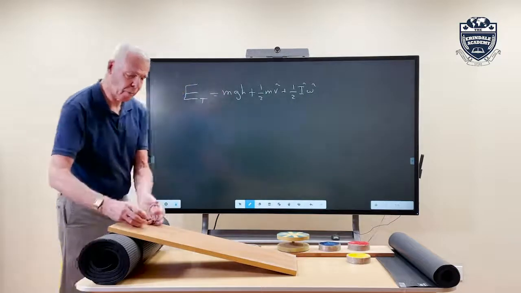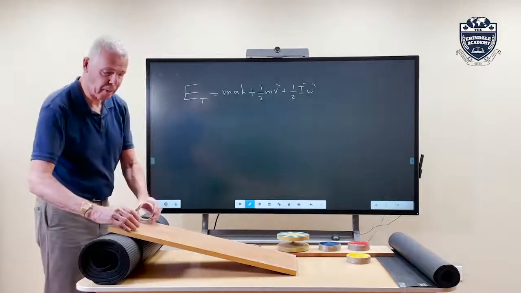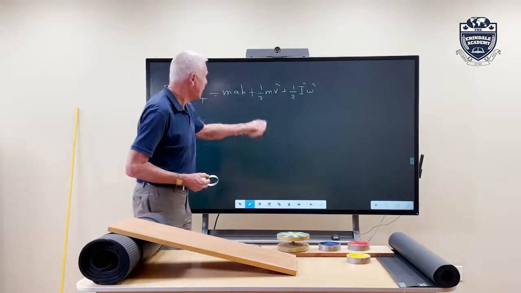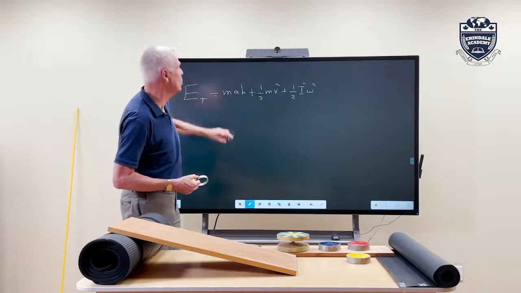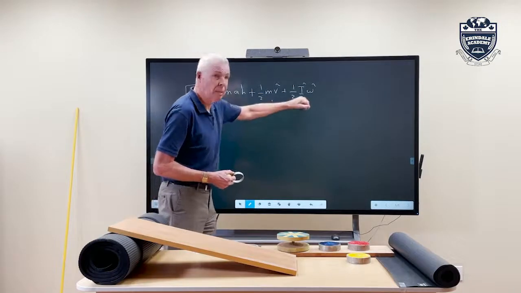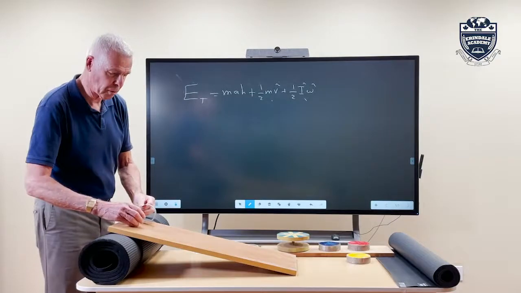They both started with the same mgh, the same potential energy. This is the energy that they had at the beginning, so it had to be divided between kinetic energy and rotational energy. So which one had to put more into rotation?